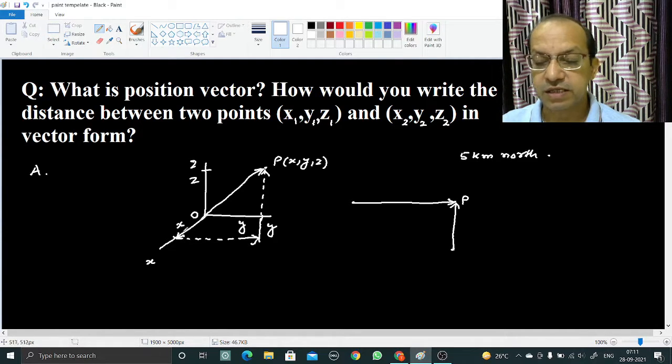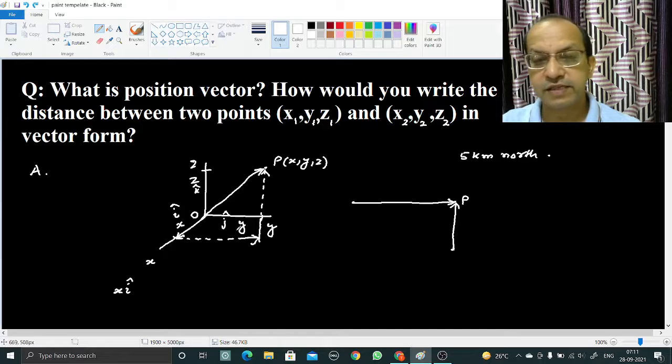The distance along x-axis is x, and the unit vector along x-axis is i cap. The unit vector along y-axis is j cap, and the unit vector along z-axis is k cap. So if I move x distance along x-axis, the vector quantity will be x i cap.